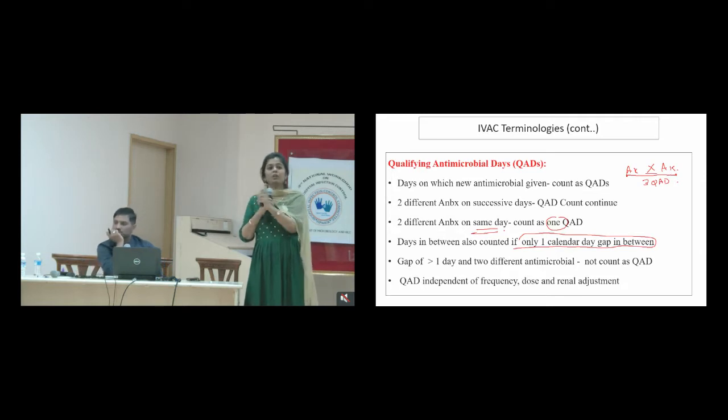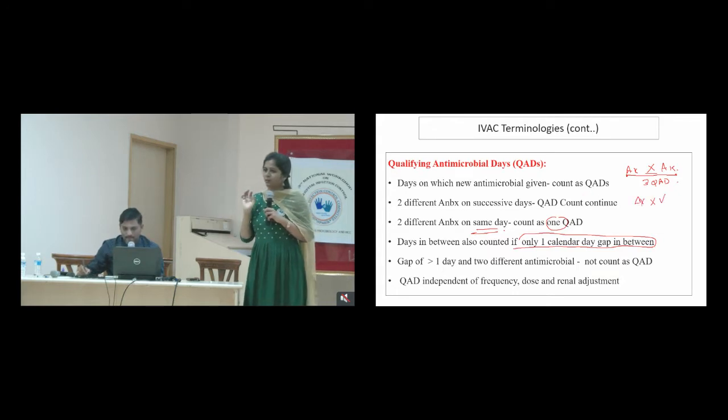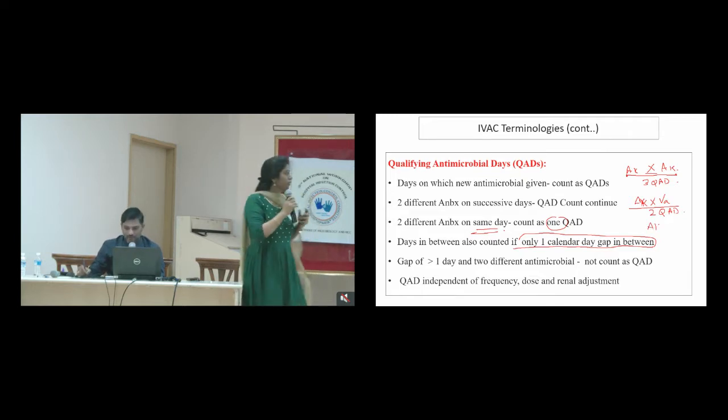Say day 1 amikacin is given, day 2 no antibiotic, day 3 amikacin is given again. It is 3 qualifying antimicrobial days. Say today amikacin is given, tomorrow no antibiotic, the day after tomorrow vancomycin is started. You cannot consider the in-between day. It has to be the same antimicrobial agent if you want to count the skipped day. All of you are clear with this? I'll show you the example.